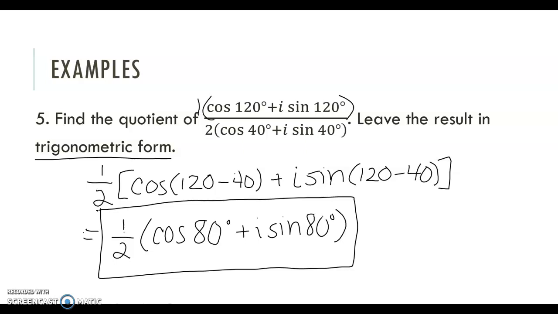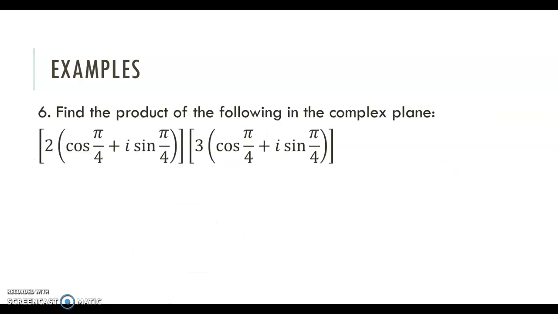And again, we're leaving our answer in trig form. Okay, moving on. So we're going to find the product again. And this time it says in the complex plane. So these directions are a little different. This is telling me that I want my answer to be expressed in standard form, in the form a plus bi after we multiply this together. Okay, so I'm going to skip a couple steps with this one. I'll talk through it. The first thing that I'm going to do is multiply my r value.